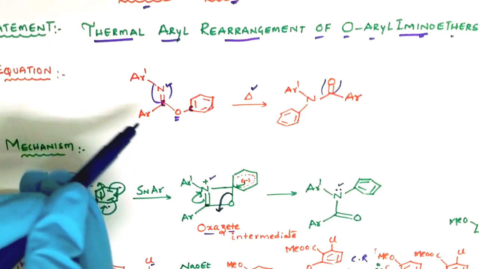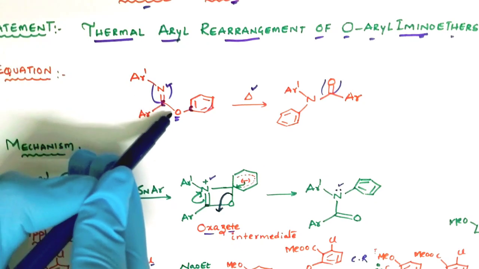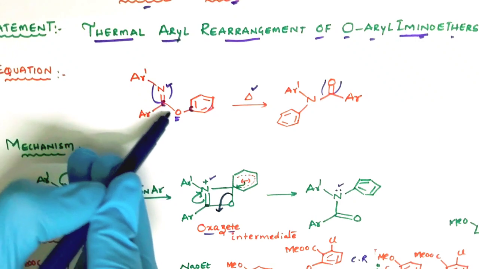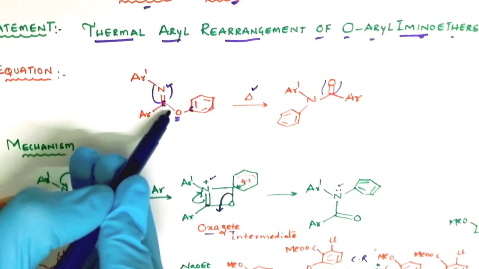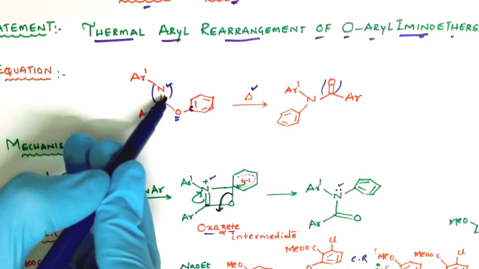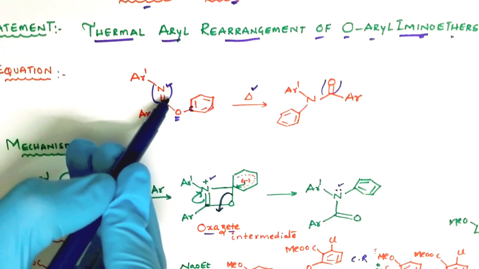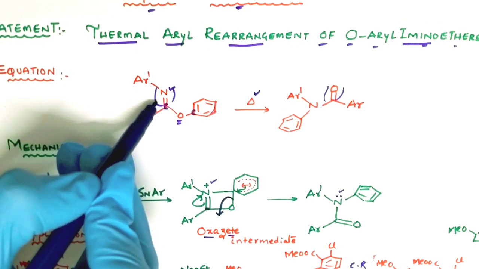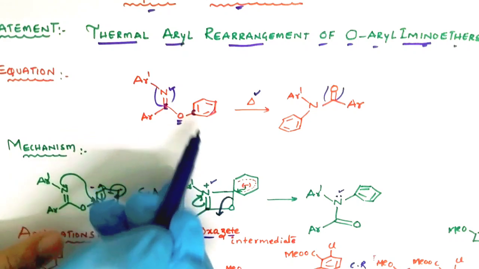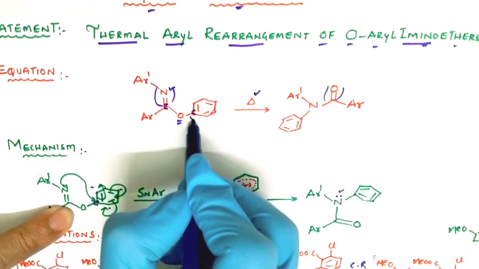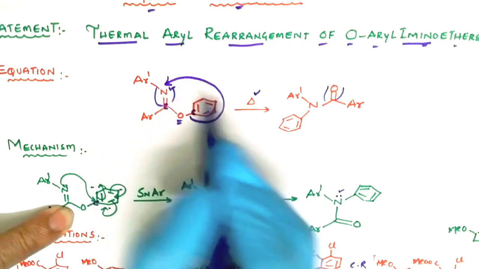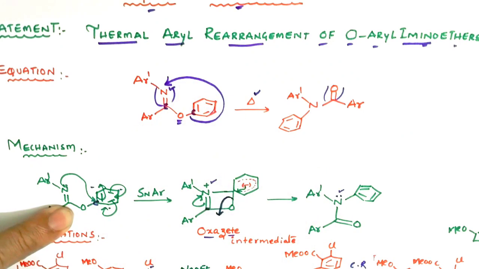So simply how can we understand? See this. Whatever carbon-oxygen is present in the reactant can be converted into C double bond O. Simply this double bond is subjected to breaking, and the double bond will be converted into a single bond. Simply we can say the shifting of this aromatic ring from oxygen to nitrogen.